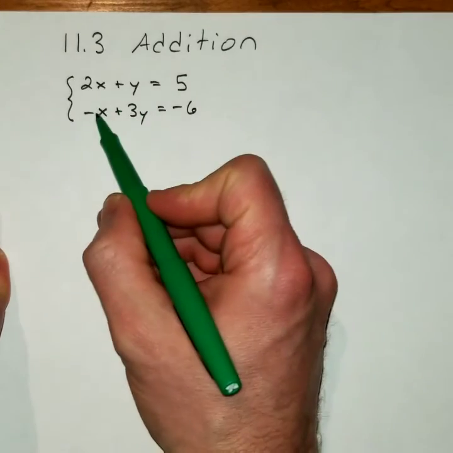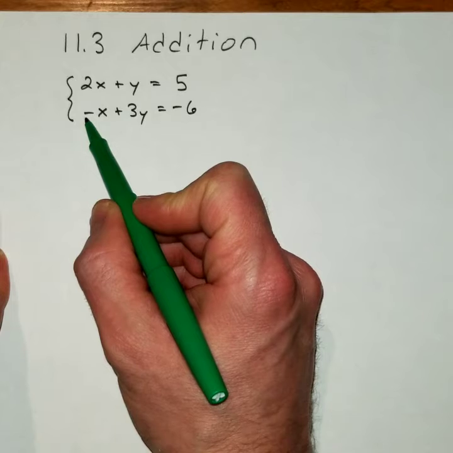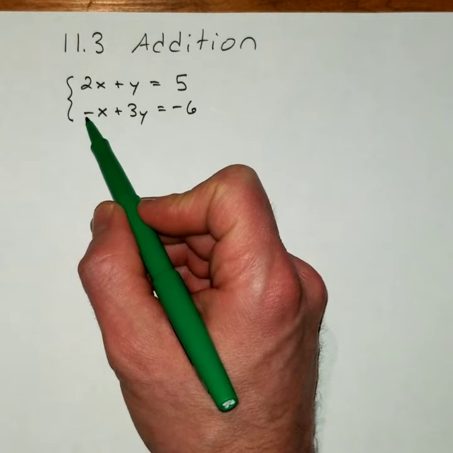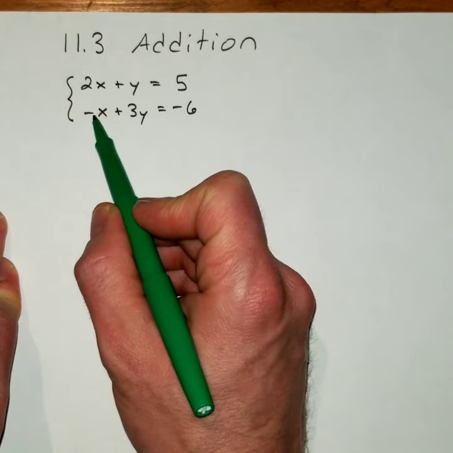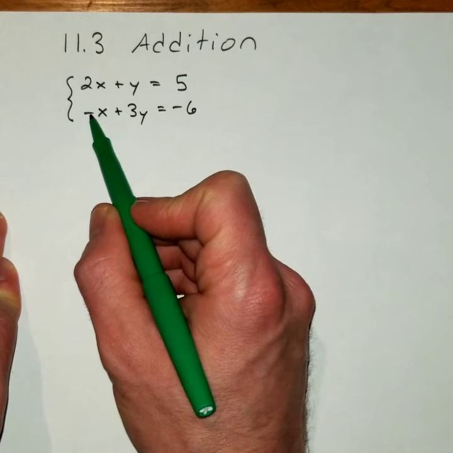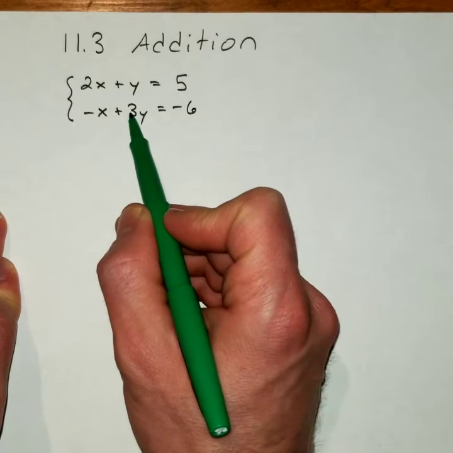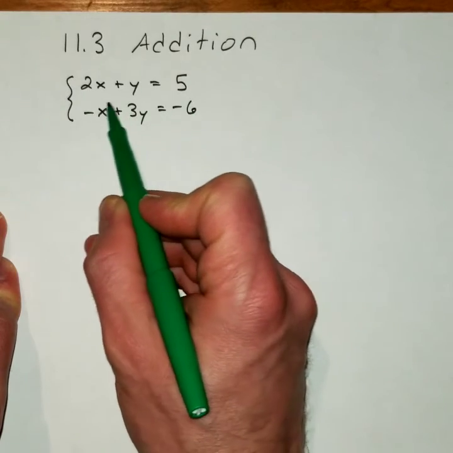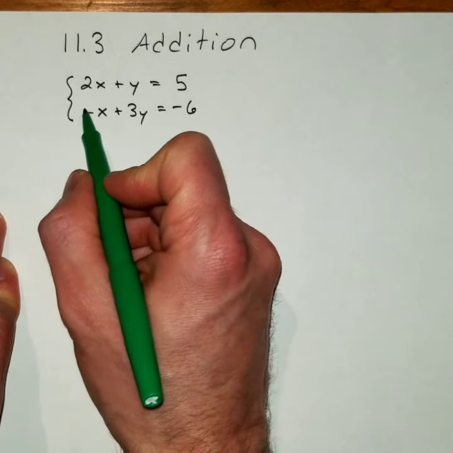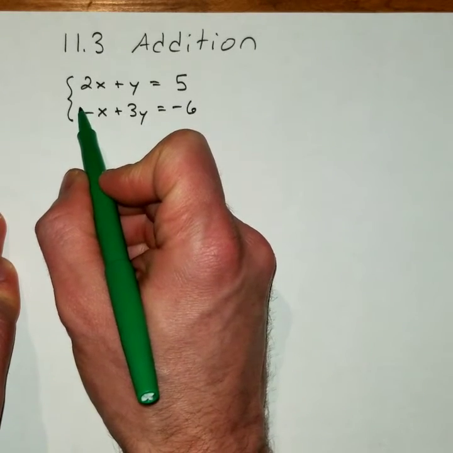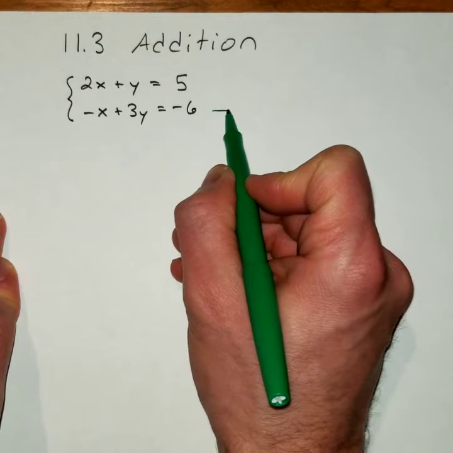I'm going to choose the x's here because one's already positive and one's already negative, so that when I add them together I want them to zero out. And so I need a 2 here, a -2 instead of a -1. To do that I'm going to multiply this second equation by 2 on both sides. Okay, so I'm going to take this equation and I'm going to draw it this way.